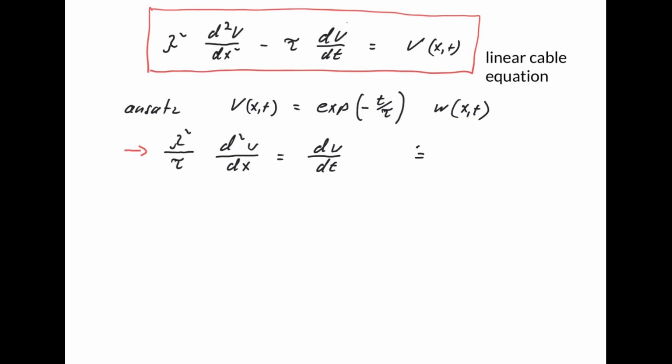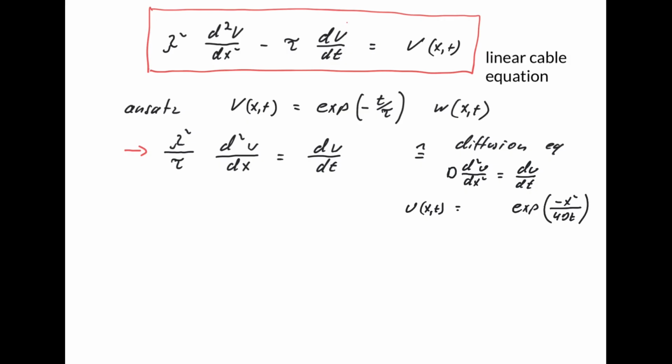Now you should realize that this equation is equivalent to the diffusion equation, where the diffusion equation reads D times the second derivative of V with respect to space is equal to the time derivative of V. And the solution of which is a Gaussian curve, e to the minus x squared divided by 4Dt, times the prefactor 1 divided by square root of pi Dt.